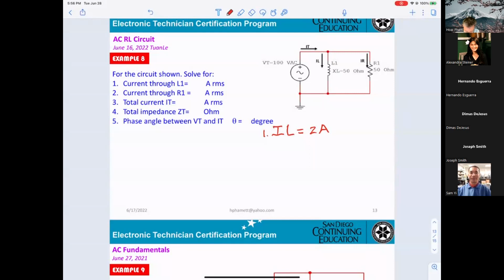Current through R1: same thing, 100 divided by 50 ohms. And for the total current you have to use the square root of IL squared plus IR squared.